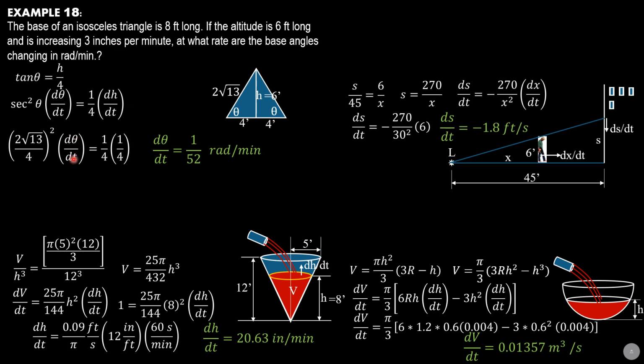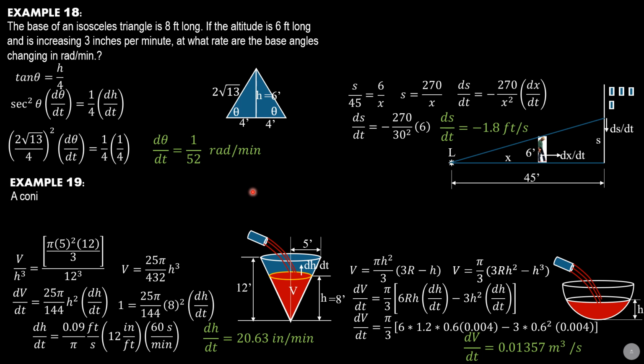So the unit there would be feet squared over feet squared, cancel, so radians, unitless, per minute. So d theta/dt, of course, cancel 4 squared. We have 4 squared in the denominator also. So 2 squared times 13 is 52. Therefore, d theta/dt is 1/52 radians per minute.